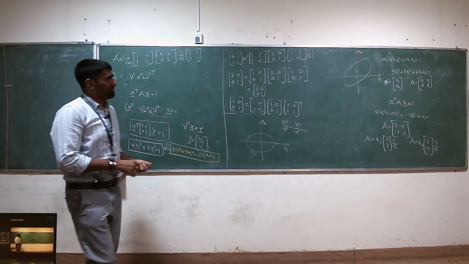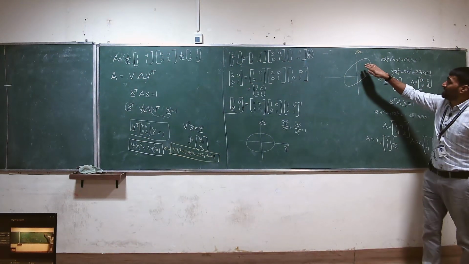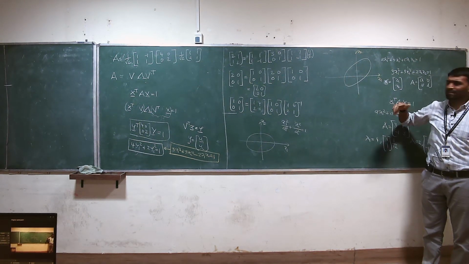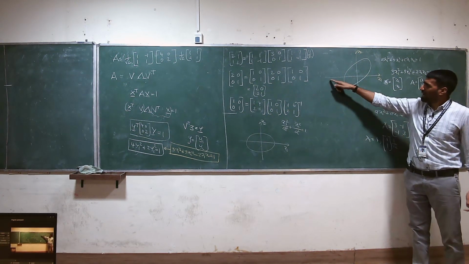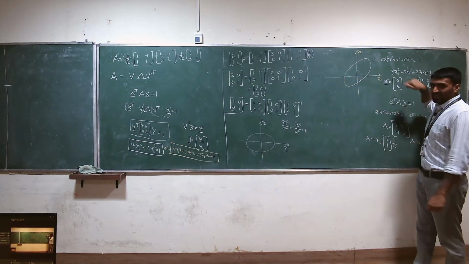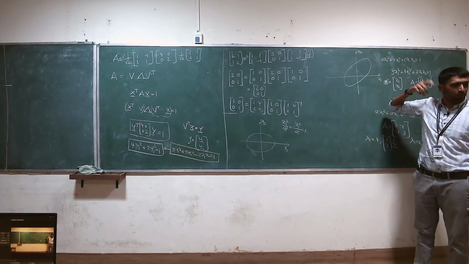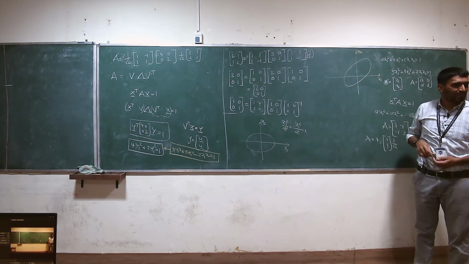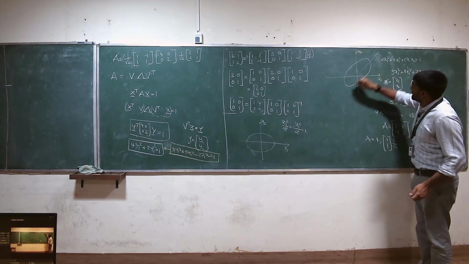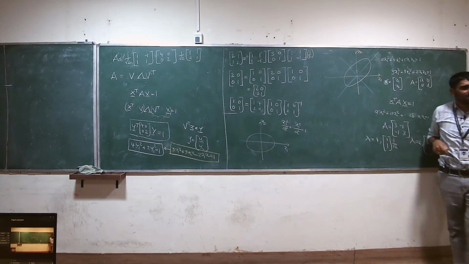Now this ellipse looks oblique because I've drawn this as my coordinate axes. I've said this is my x1 axis, this is my x2 axis. If these two are my coordinate axes, of course, this is oblique. But you could say, what if I choose my basis to be like this?